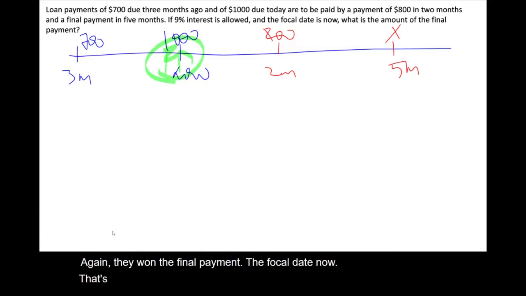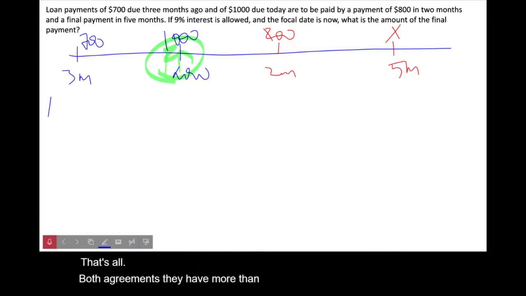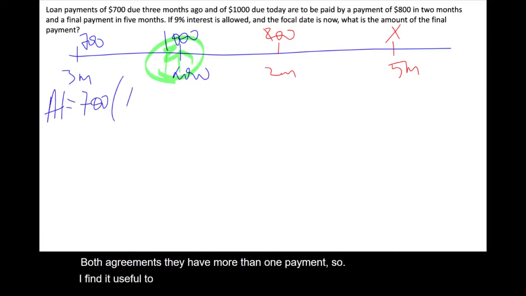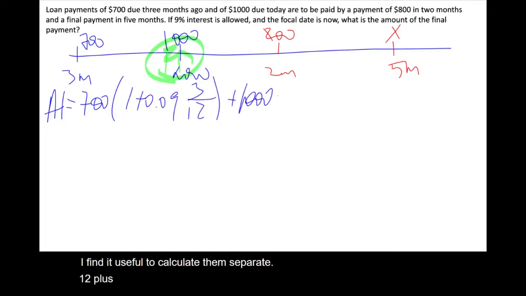Both agreements have more than one payment, so I find it useful to calculate them separately. 700 times (1 plus 0.09) to the power 3 over 12 plus 1,000. 1,000 stays as is, it's already at the focal date.